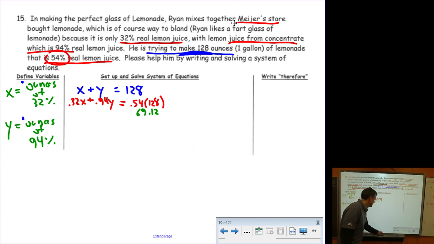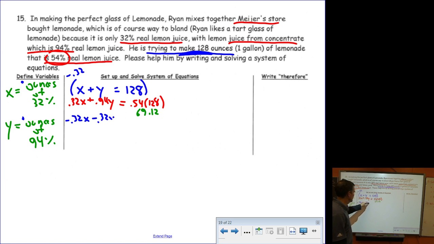I'm going to do it by elimination because that's the method of my choice. I'm going to take this first equation and multiply it by negative 0.32. So that would give me negative 0.32x, negative 0.32y, and whatever negative 0.32 times 128 is, that is negative 40.96.